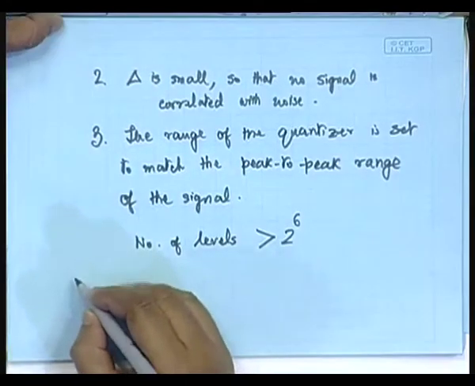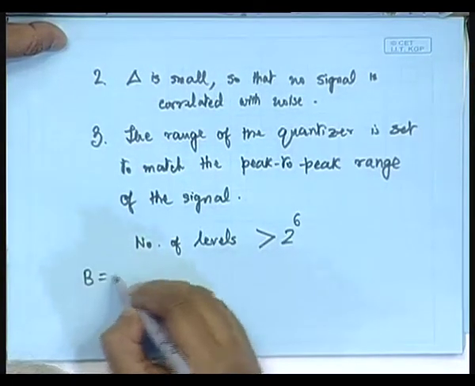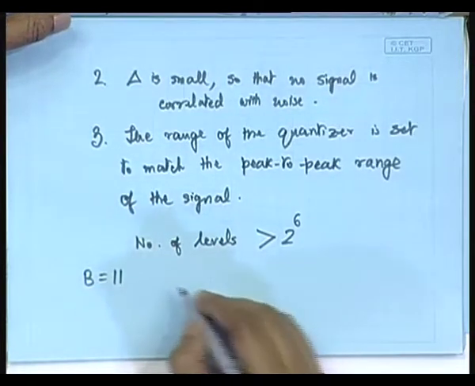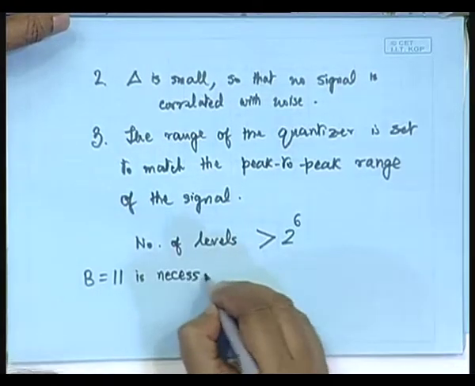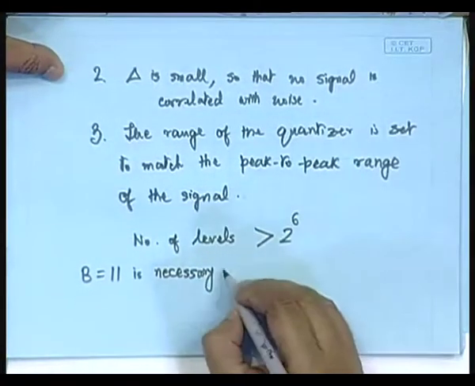But now at least we can say what is actually used for the speech quantization process. It is generally seen that for high fidelity considerations, B is equal to 11, that means an 11 bit representation is necessary.